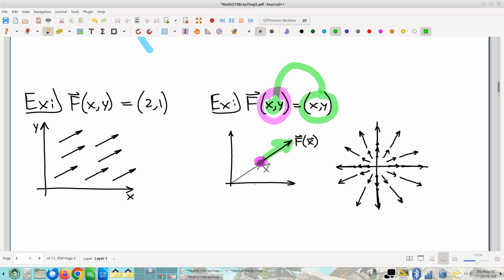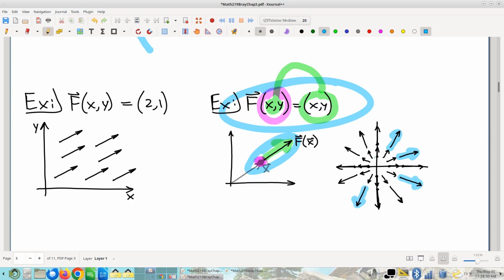Now, if you repeat this process, geometrically what you're going to notice is that this vector field, wherever you are, this field vector is always just further in that direction, right, by the same magnitude. So it's not hard to persuade yourself that you're going to get a bunch of arrows that always point radially outward away from the origin. The farther you are away, the longer they are, as I have drawn here. Everybody happy?